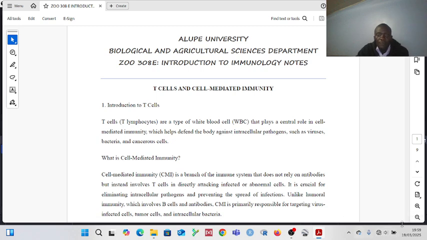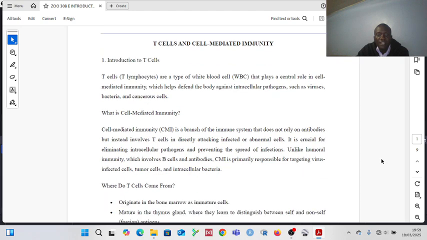But now we've seen that these T cells play a critical role in cell-mediated immunity. So the next question then becomes, what is this cell-mediated immunity? Cell-mediated immunity is a branch of the immune system which happens not to rely on antibodies, but instead involves T cells to directly attack either cells that are abnormal or infected.